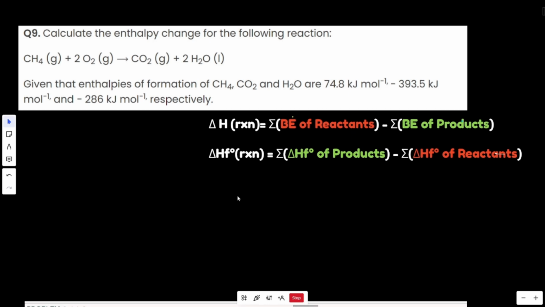It will just be multiplying the amount of moles by the enthalpy of formation. Okay, so again, we're following this formula, so let's write down our enthalpies. It says here that these are the enthalpies for the substituents of the reaction respectively.